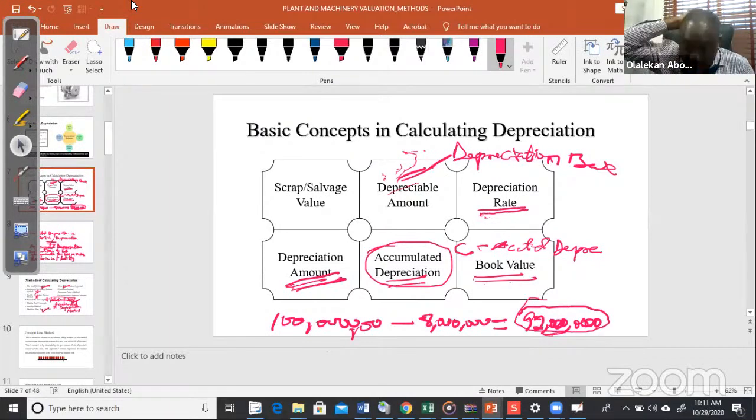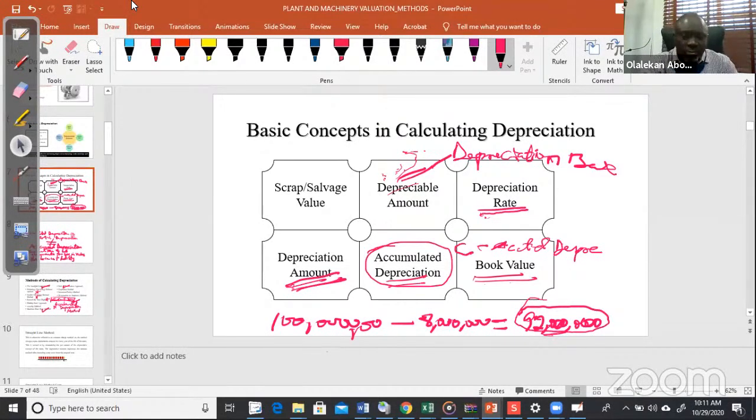It might be in terms of scrap, it might be in terms of salvage, there will be a leftover. So that portion of your cost that loss in value can consume makes what we call depreciable amount or depreciable sum or depreciation base. I hope that is clear.